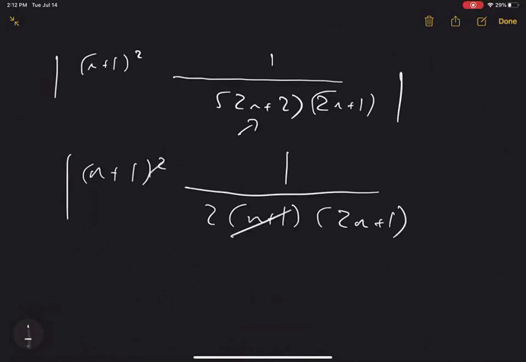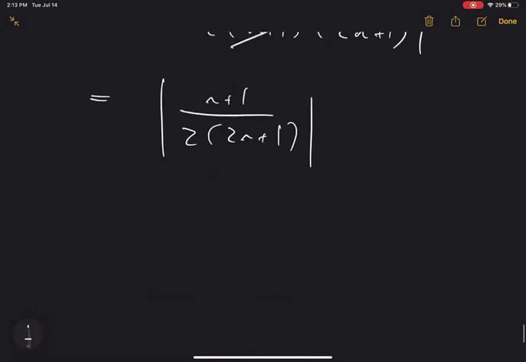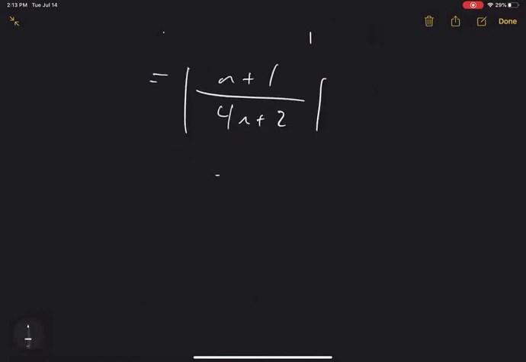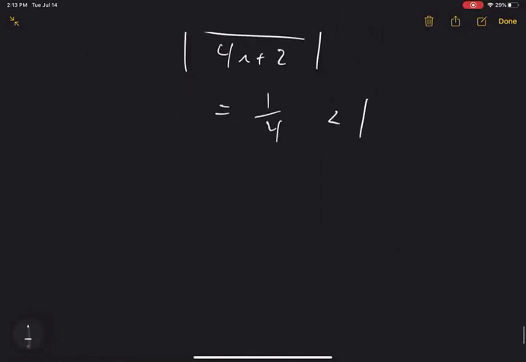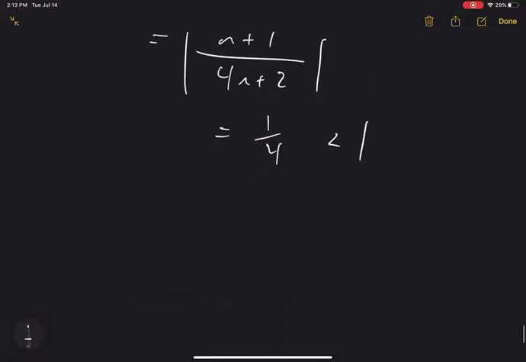This n plus 1 cancels with one of those. And I have n plus 1 over 2 times 2n plus 1. Now, what's the limit of this? The limit of this is equal to 1/4, which is less than 1. So when k equals 2, my series is going to be absolutely convergent, okay?